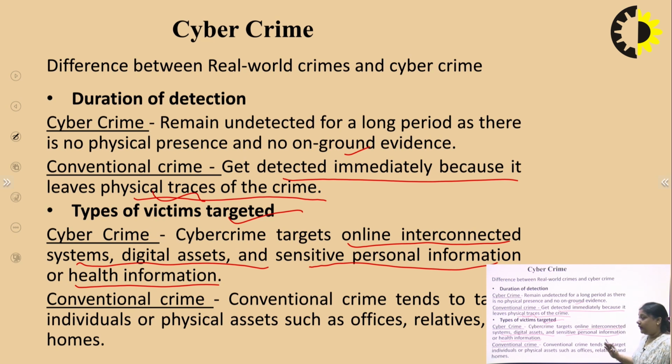And conventional crime tends to target individuals or physical assets, such as stealing someone's money or kidnapping someone. So it involves physical assets such as offices, relatives, homes that are the targets in a conventional crime.